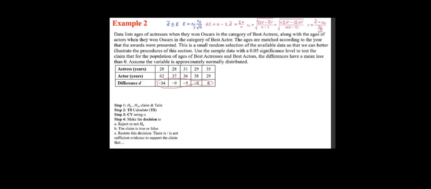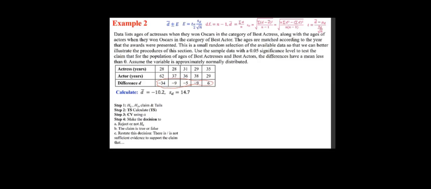We want to, at the 0.05 significance, test the claim that the population of ages of best actresses and best actors, the differences have a mean less than 0. So first we need to find X bar or D bar, add them up, divide, and then we need to find the standard deviation, S or S sub D. By now we know we can use a technology or do it by hand.